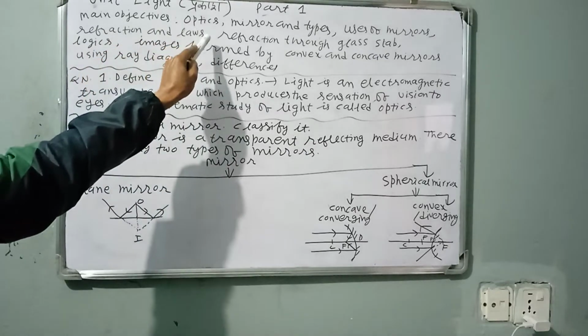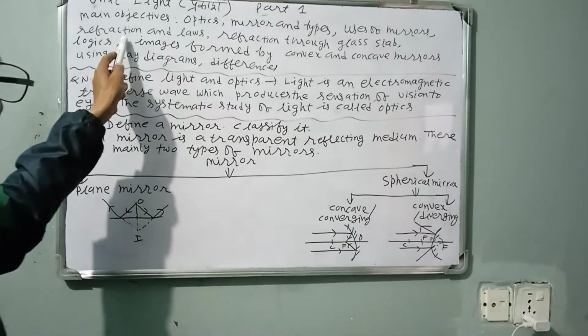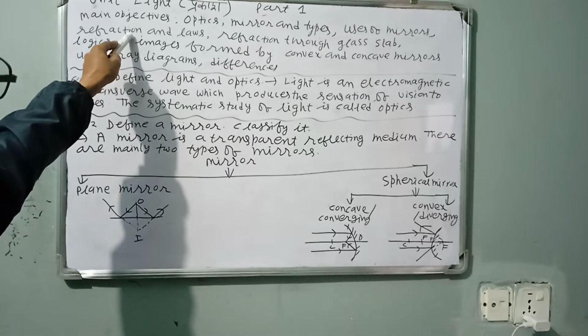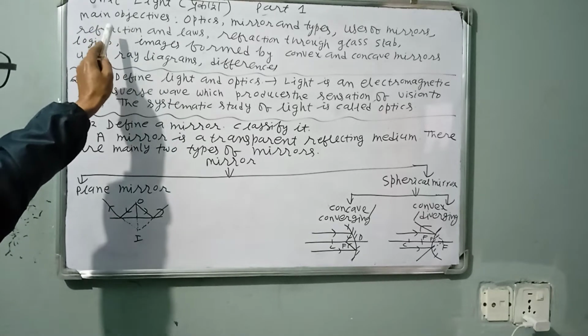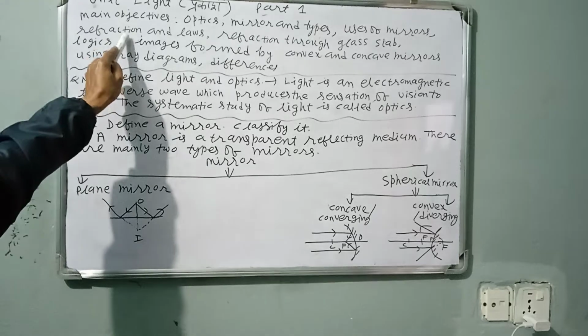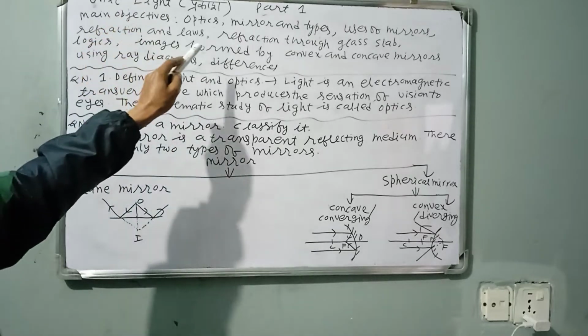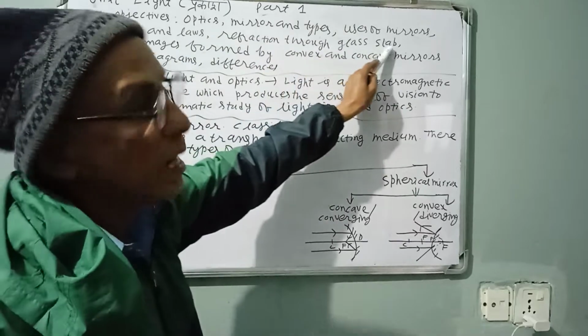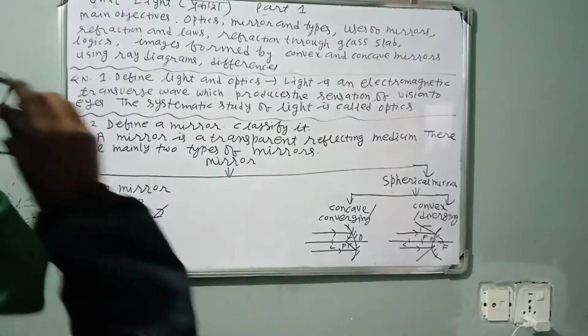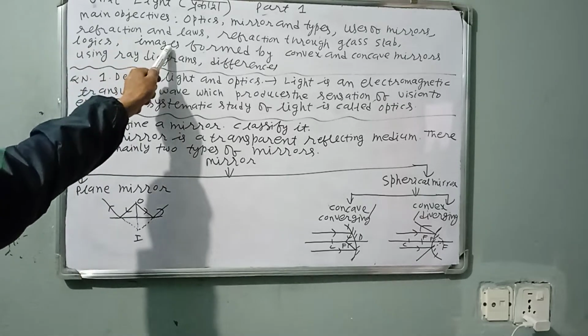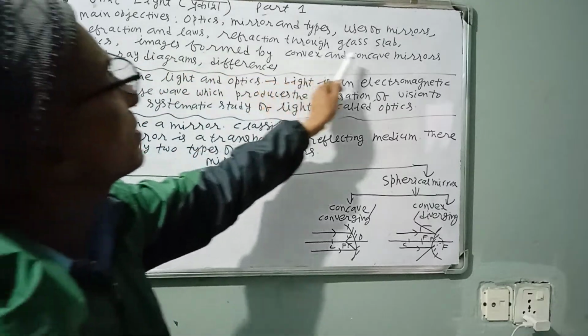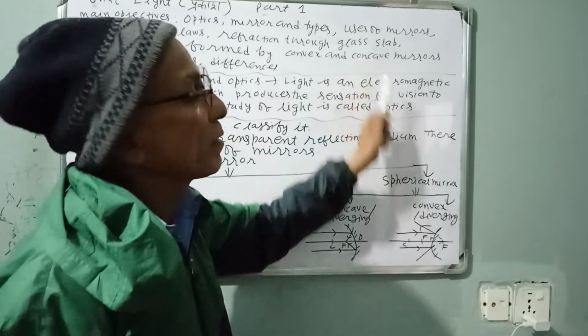Refraction and laws. Along with reflection, laws of reflection also, which I will write down later on, laws of reflection of light and laws of refraction of light. Refraction through glass slab. Logics, scientific reasons. Images formed by convex mirrors and concave mirrors.